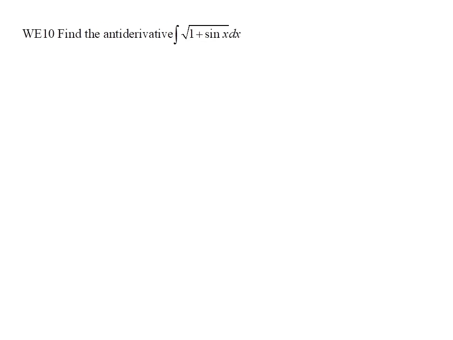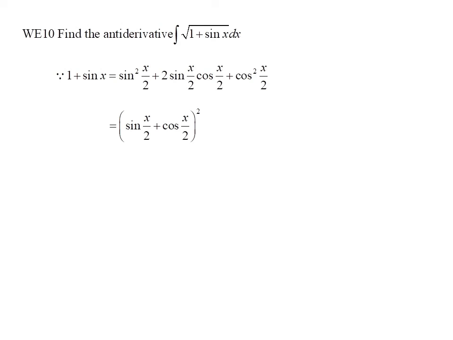The last example in this session is to find the antiderivative of the integral of square root of 1 plus sine x dx. Since 1 plus sine x can be written as sine squared of x over 2 plus 2 sine x over 2 cos x over 2 plus cos squared of x over 2, which equals (sine x over 2 plus cos x over 2) squared.